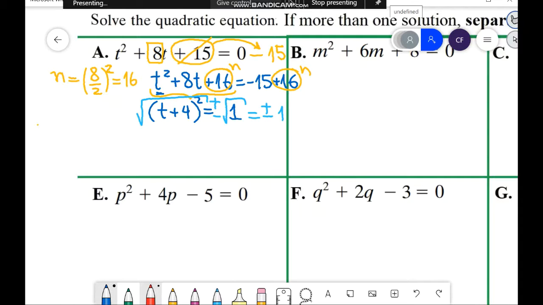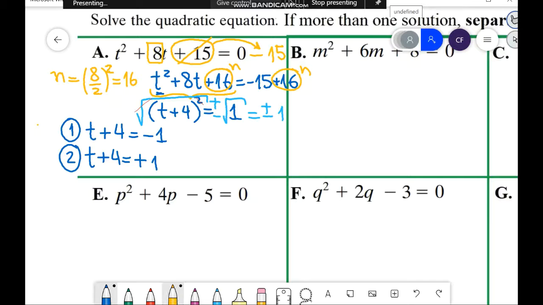Great! We can find now 2 solutions. The first solution is t plus 4 equals negative 1. The second solution is t plus 4 equals positive 1. Move this to the other side, becomes a negative. Move this to the other side, becomes a negative.